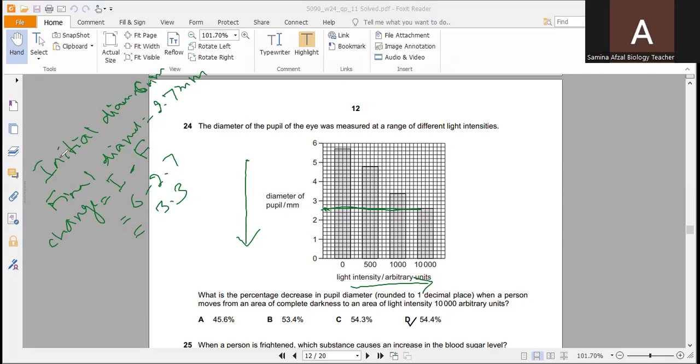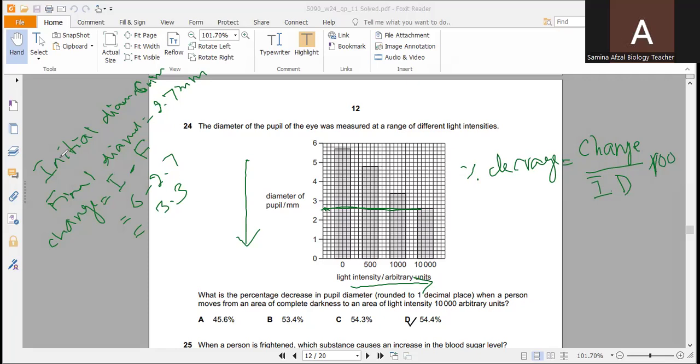So we will calculate now in this way. Percentage decrease will be equal to change over initial diameter times 100.